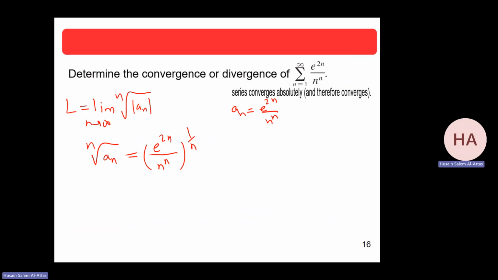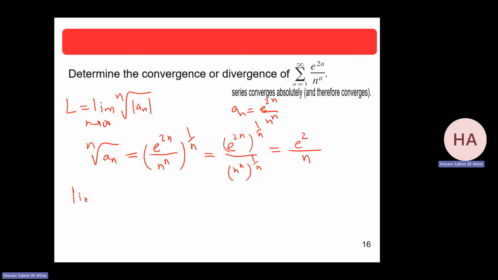And that gives me what? That gives me e to the n over n to the power n, all to the power 1 over n. I'm doing it in too much detail. That gives me e over n.